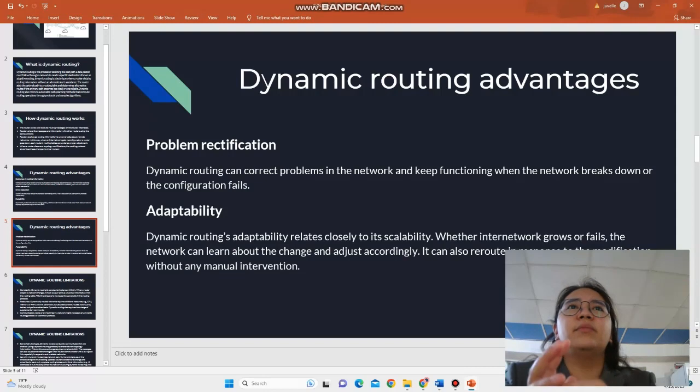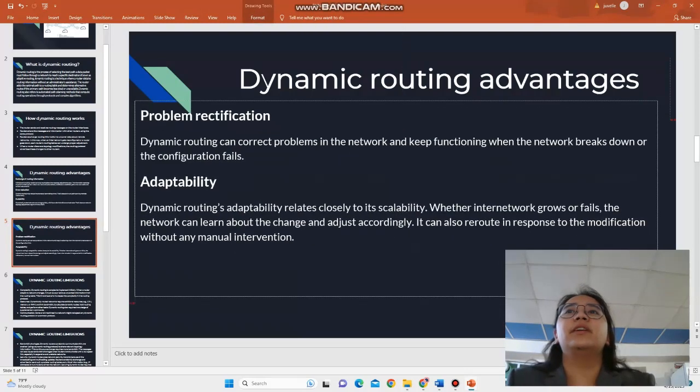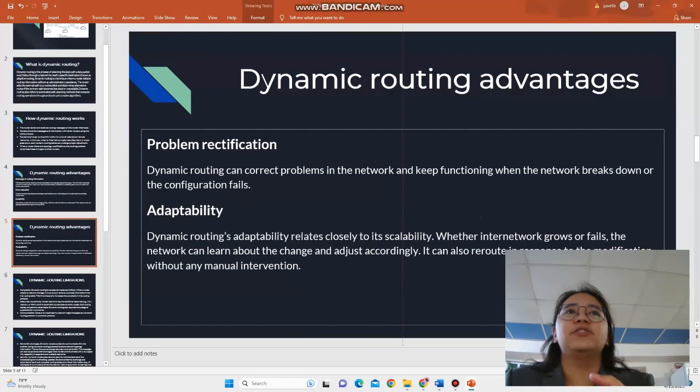Dynamic routing can detect problems in the network and keep functioning when the network breaks down or the configuration fails. And then adaptability. Dynamic routing adaptability relates closely to its scalability. Whether the internetwork grows or fails, the network can learn about the change and adjust accordingly. It can also reroute in response to the modification without any manual intervention.